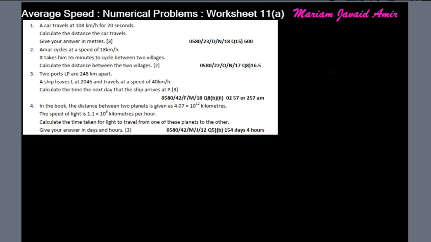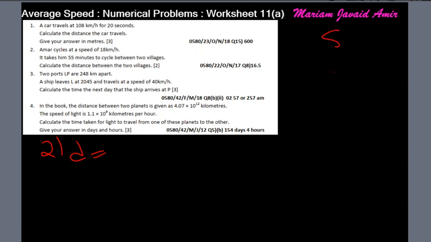Question number 2. A man cycles at a speed of 18 kilometers per hour. It takes him 55 minutes to cycle between two villages. Calculate the distance between the two villages. Again, this is in minutes and this is per hour, so we need to fix the units. In the end we need distance.